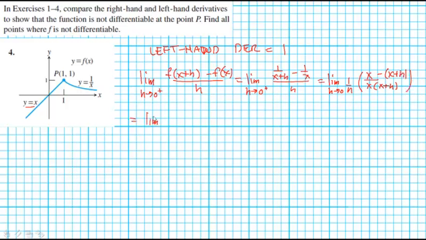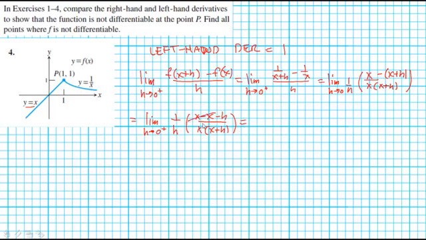Continuing over here, the limit as h approaches 0 from the positive side of 1 over h times x minus x minus h all over x times the quantity x plus h. These x's cancel.